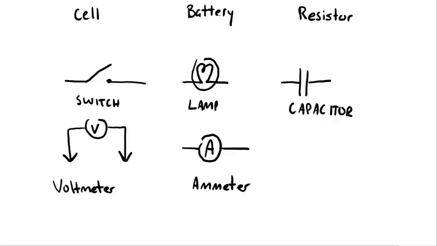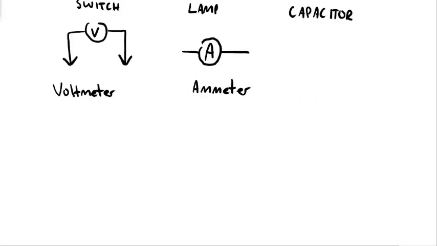When we draw a circuit, try to follow my procedure. There's not a specific order that has to be done, but it'll make life a lot easier for all of us if we all follow the same way, and that way when you do your work you can compare it to the solutions. So I'm going to ask that you always start by drawing out a battery.